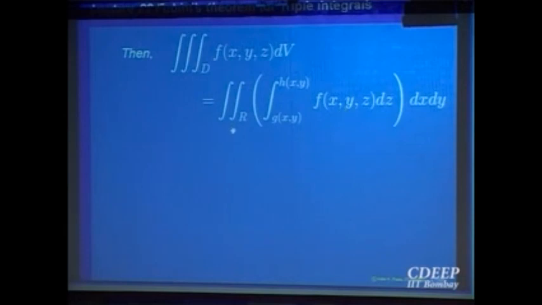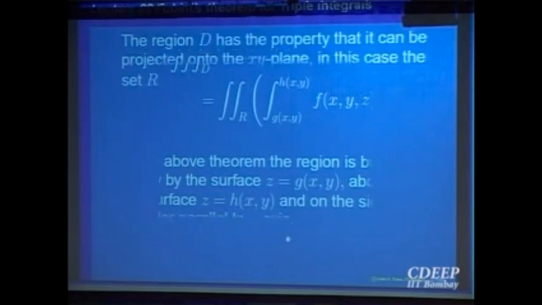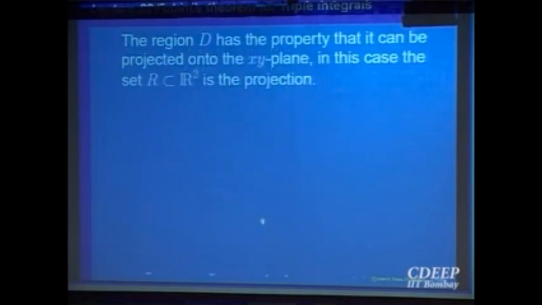Integrate that function of two variables over the region R, which is a projection onto the xy plane. And whatever answer you get, it is a double integral. That itself can be further split using your double integral. Supposing this R is of type 1, where x lies between something and something and y lies between psi 1 of x and psi 2 of x, then this double integral can be further split into more parts. So let me just write that finally.